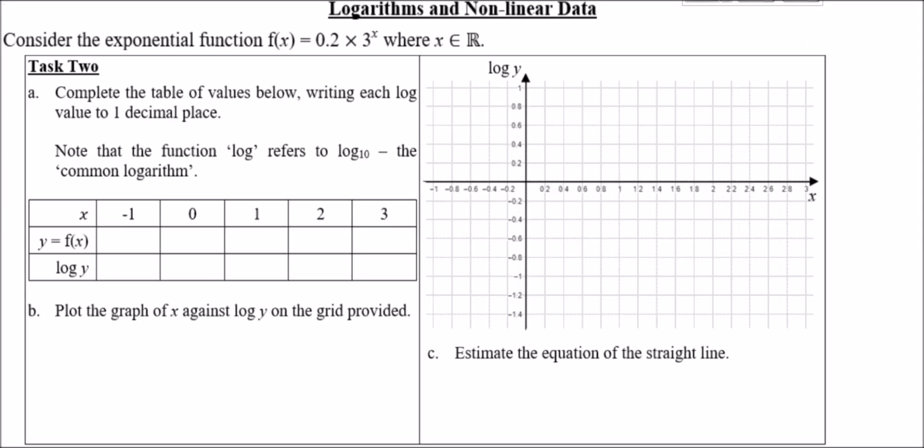However, think of this. Imagine now we took f of x and then took the log of f of x. Let's try and fill in this table. When x is minus 1, y, which is f of x, is going to be 0.2 multiplied by 3 to the minus 1.